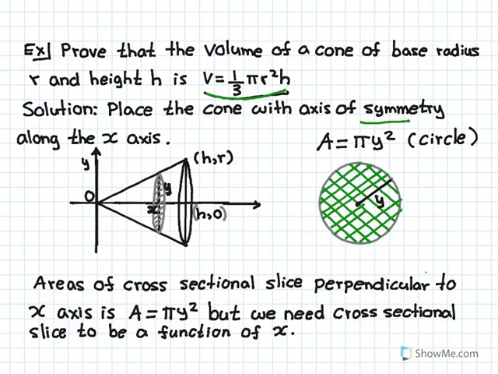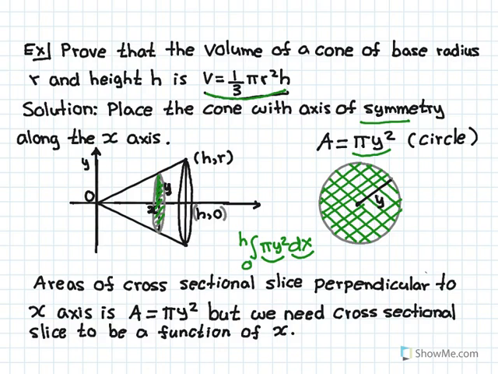You can see how this radius here is y. The cross-sectional area of this slice at position x is pi y squared. We're going to, of course, integrate this, pi y squared dx. But you can't integrate a function of y with respect to x. So the challenge is to get this cross-sectional area as a function of x, because we're integrating with respect to x.